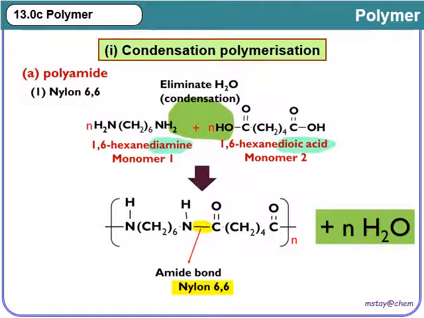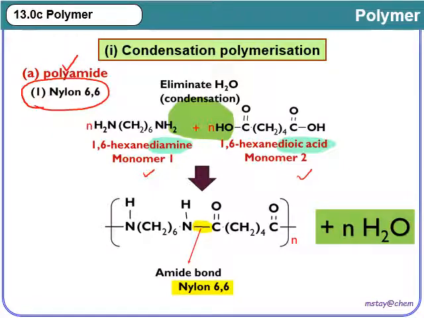Okay, now let's look at one example of condensation polymerization where the product is a polyamide. The example is nylon 66, which is made up from 1,6-hexane diamine and 1,6-hexane dioic acid.